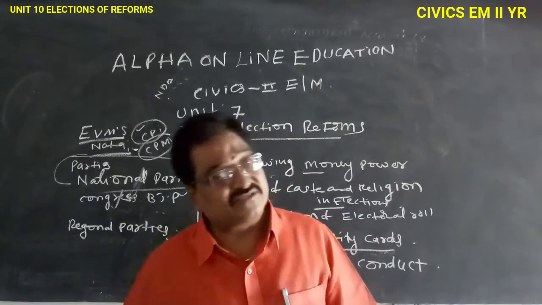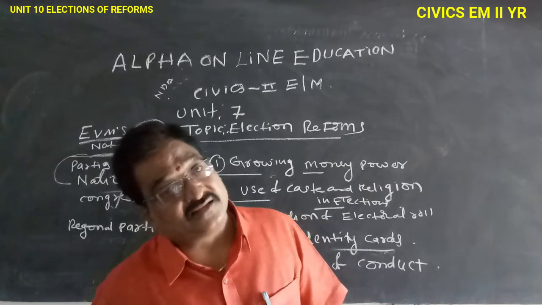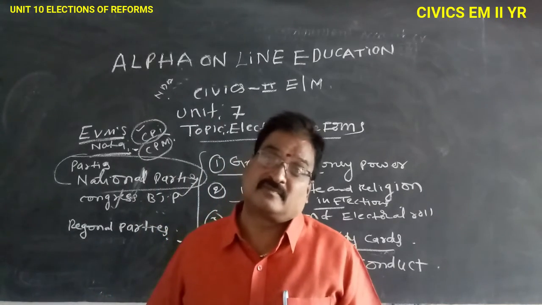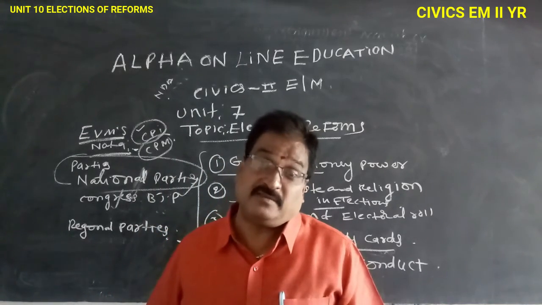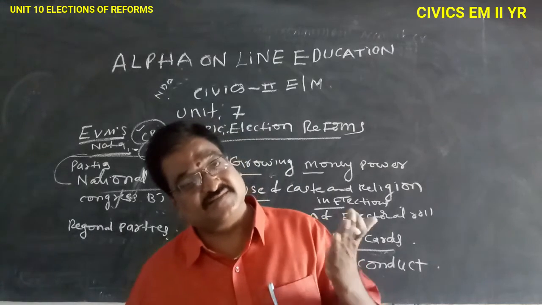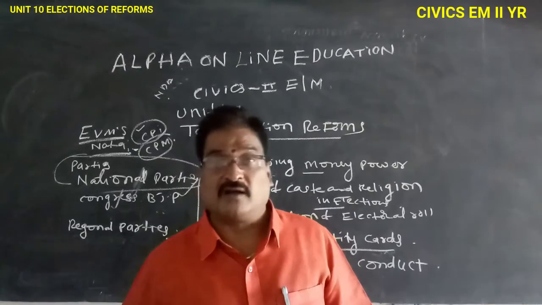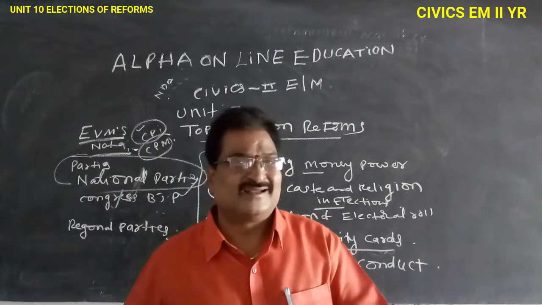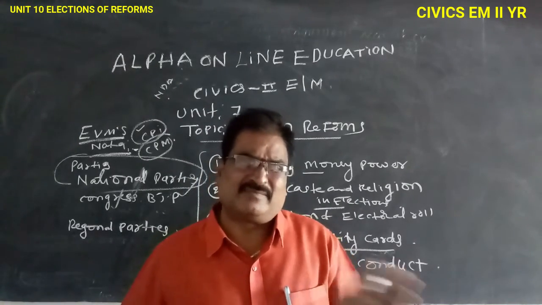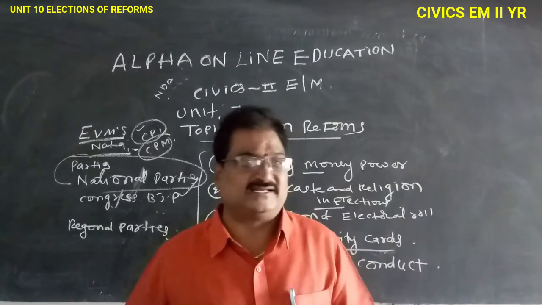At the time of EMS Namboodiripad, at the time of Jyoti Basu, in their periods, the CPM had a key role. So did Indrajit Gupta. But at present, the people do not believe in those parties.